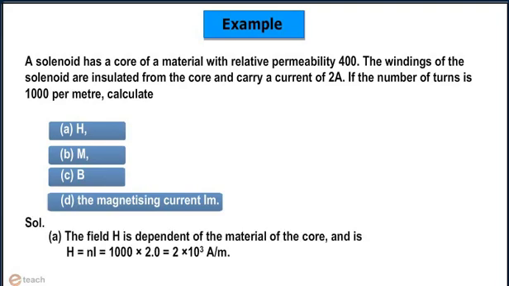Solution: A. The field H is independent of the material of the core and is equal to n into I, that is equal to 1000 into 2, which is equal to 2 into 10 to the power 3 ampere per meter.